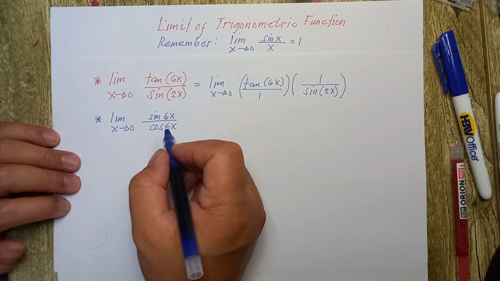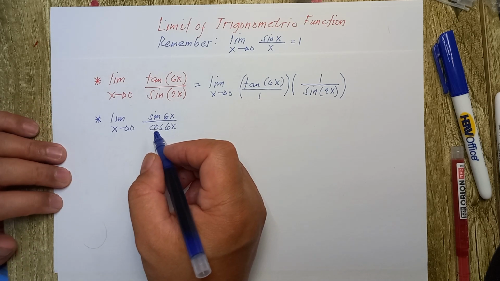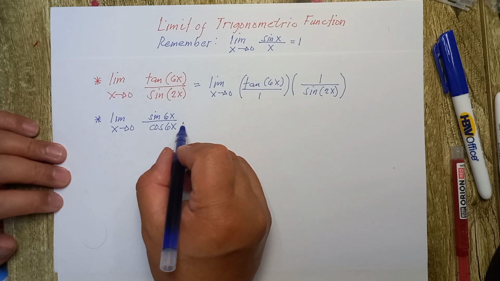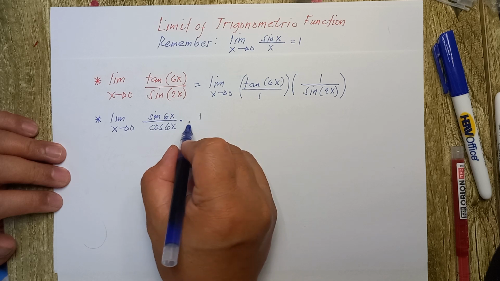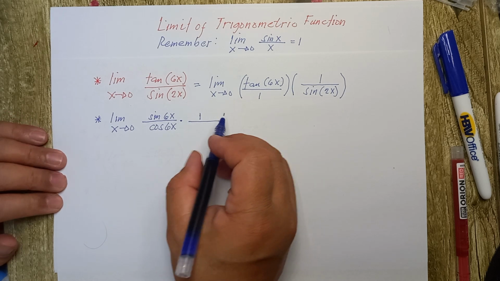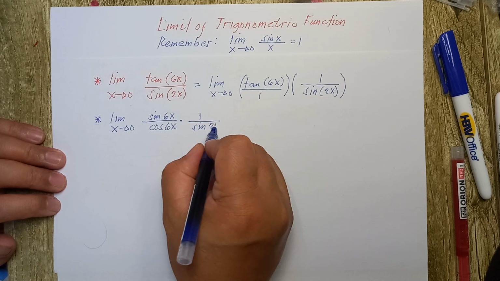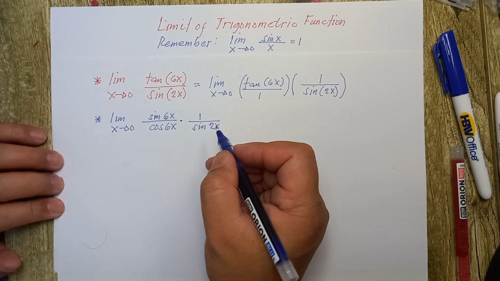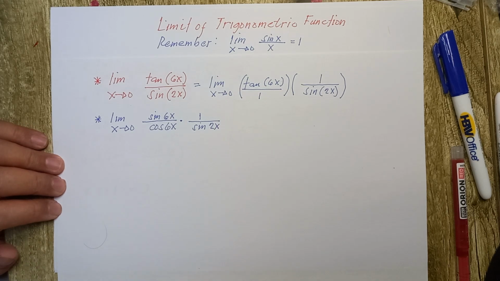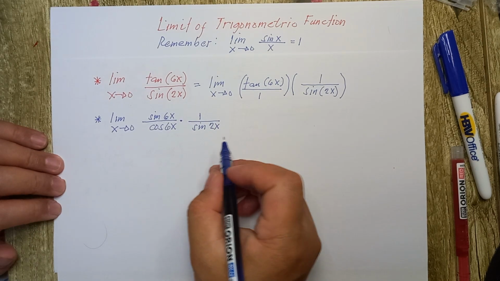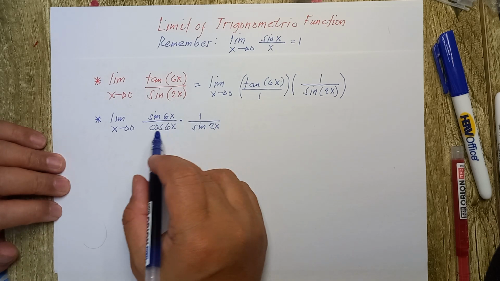And of course, that is multiplied by same, that is 1 over sine 2x. Now, notice that we can again factor out this one, okay?